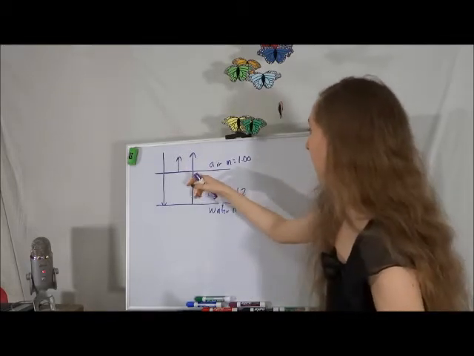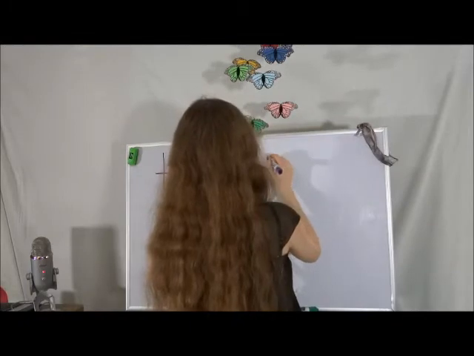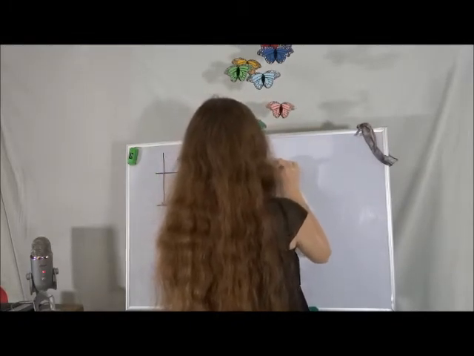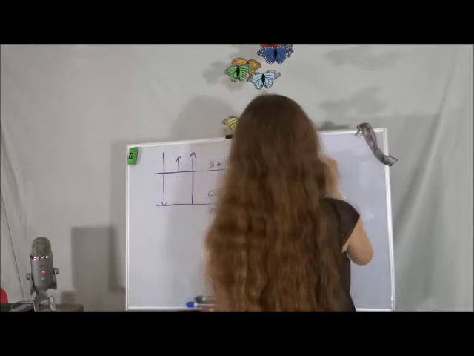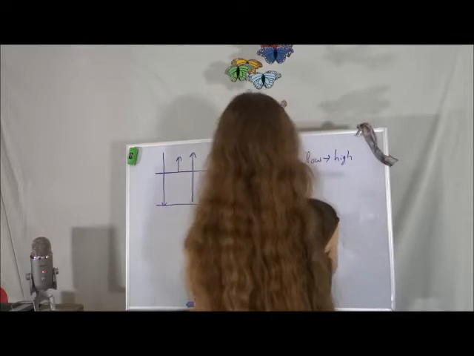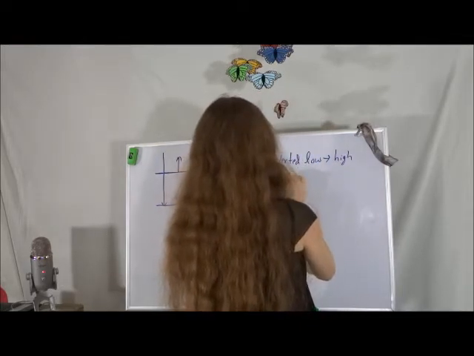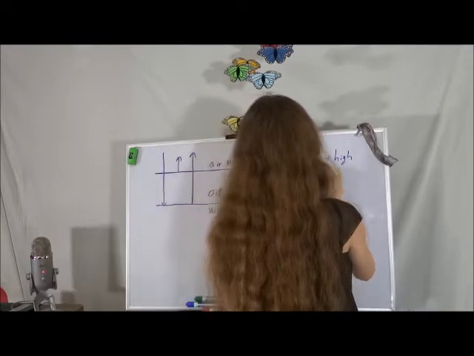If we go from high to low, we're going to be uninverted. So inverted is low to high. Uninverted is high to low.